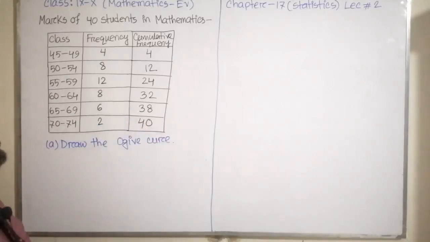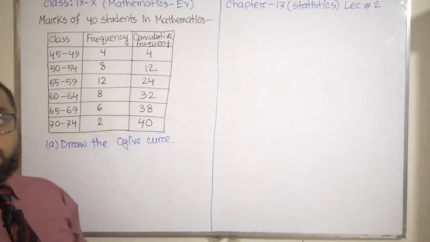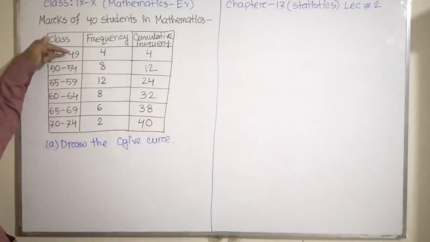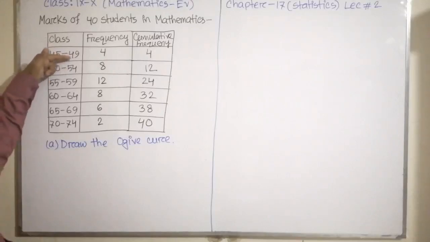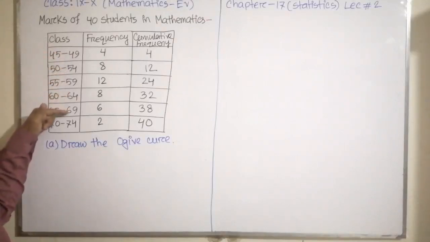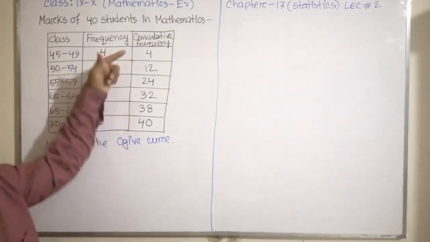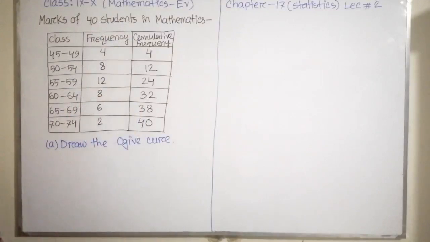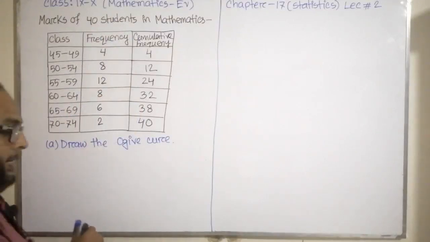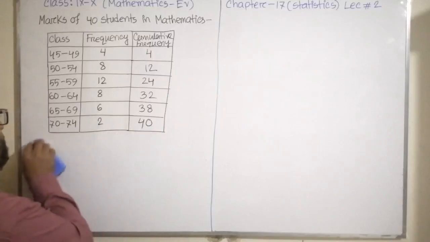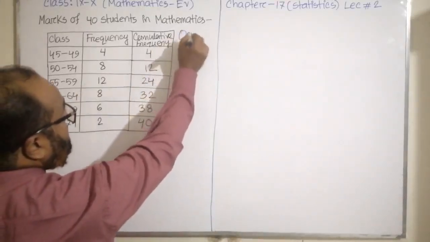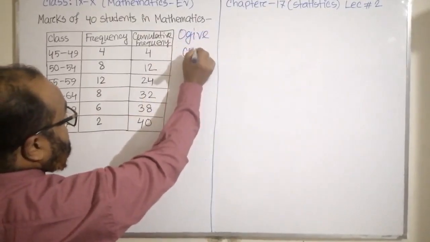Okay, now from this table we plot on the graph paper, along the x-axis, the highest values 45, 49, 54, 59, 64, 69, 74 and cumulative frequency along the y-axis. Before the graph we have to write, this is for the algebraic curve.